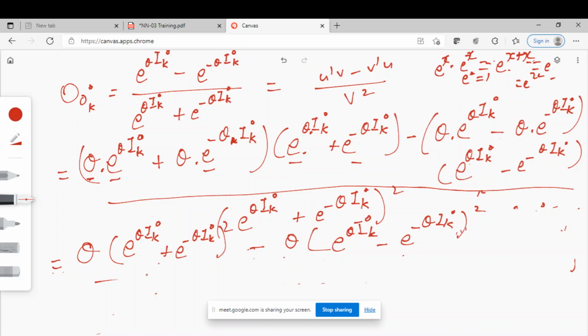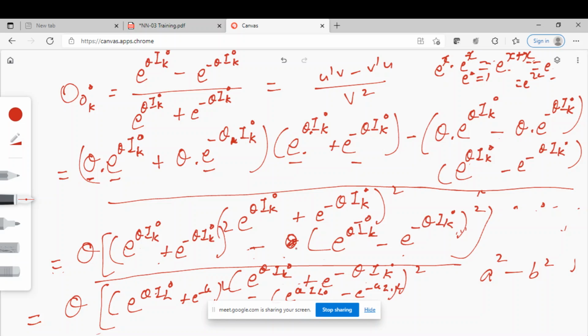This theta we have taken out. Okay, this is of the form a squared minus b squared. Is that clear? So a squared minus b squared can also be represented as what? A plus b into a minus b, right?